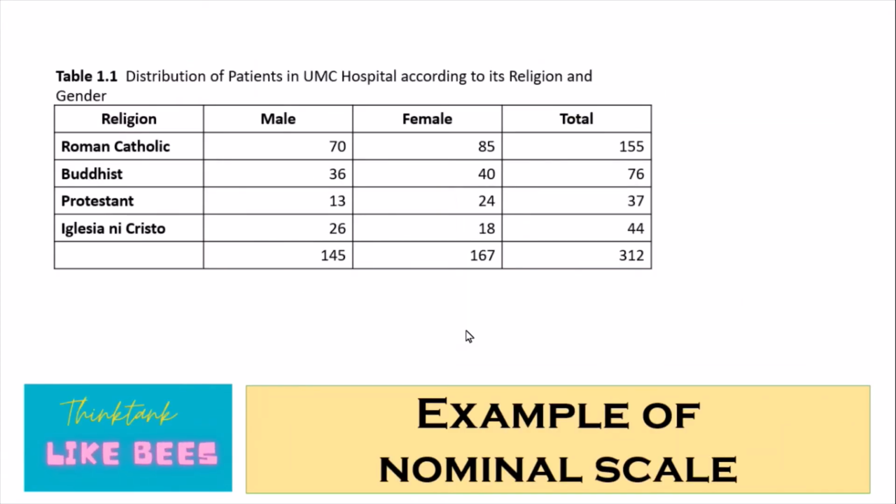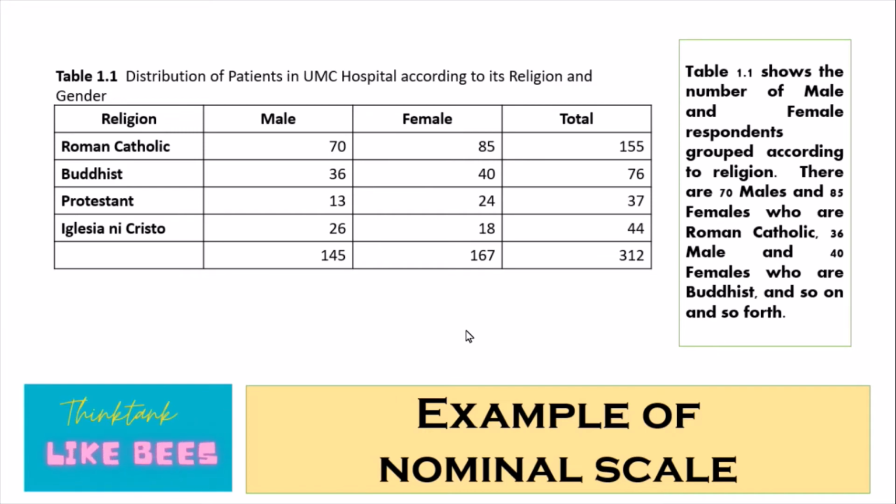Okay, so let's start with a sample. Table 1-1 is about the nominal scale sample. It's about the distribution of patients in UMC hospital according to religion and gender. It shows the number of male and female respondents grouped according to religion and according to sex, which is male or female.